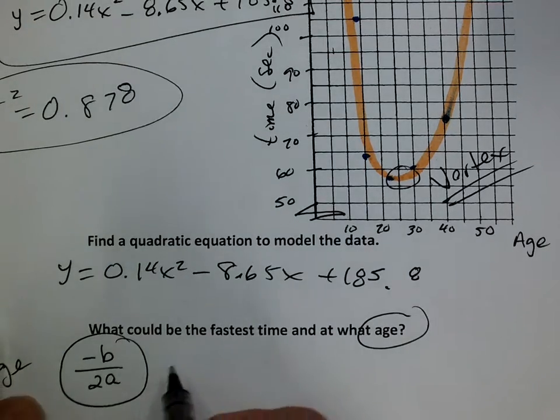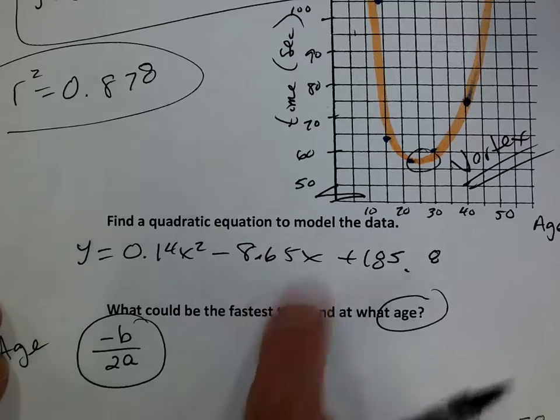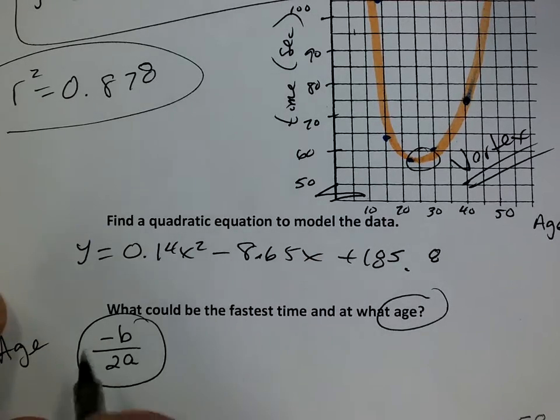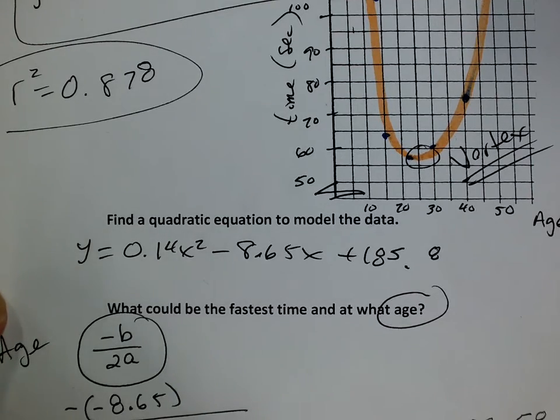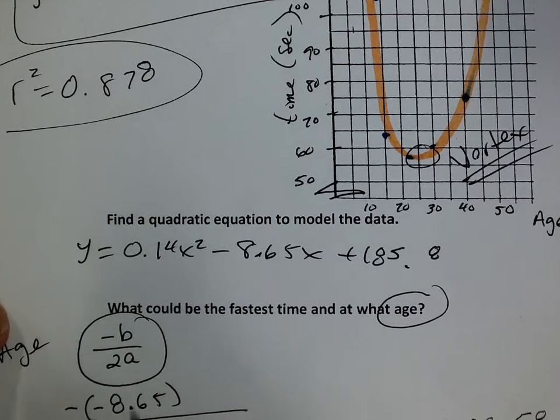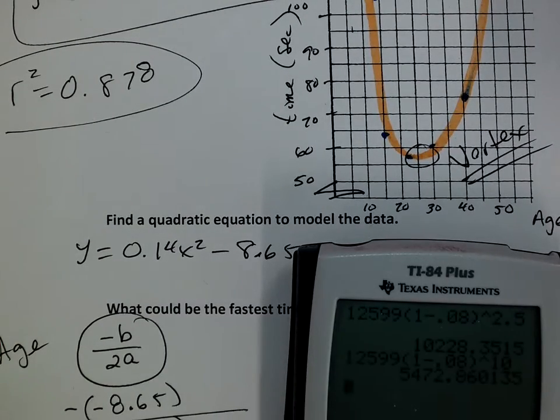So if I use my formula, I'm going to go negative b. That's b. So I'm going to go negative 8.65 divided by 2 times my a, which is my 0.14. I'm going to use my calculator to get the answer to find out the best age, okay?